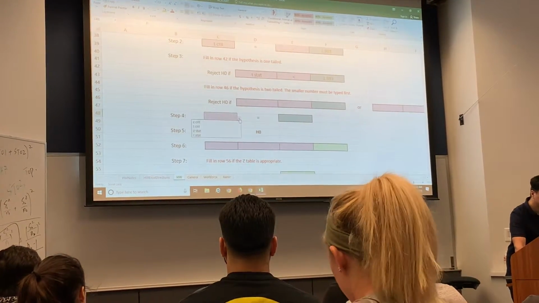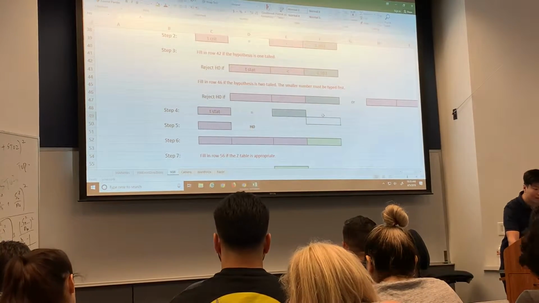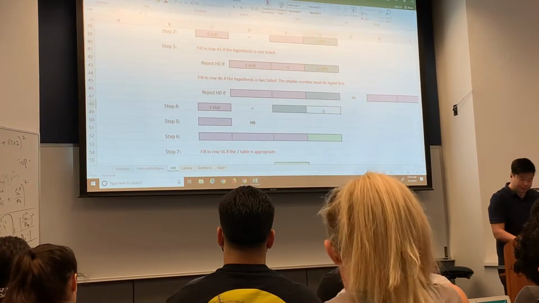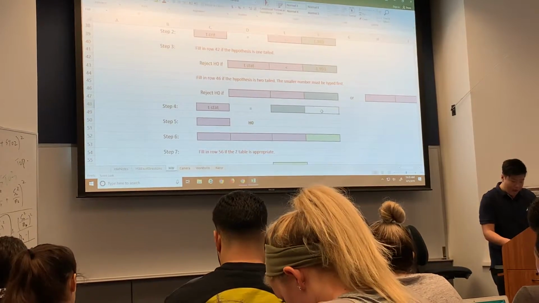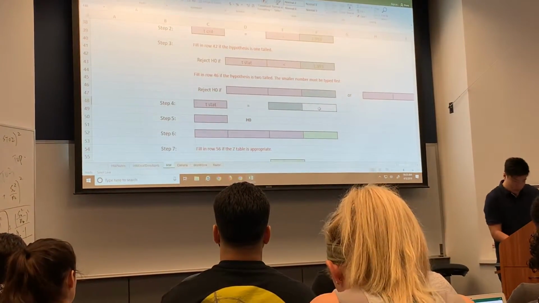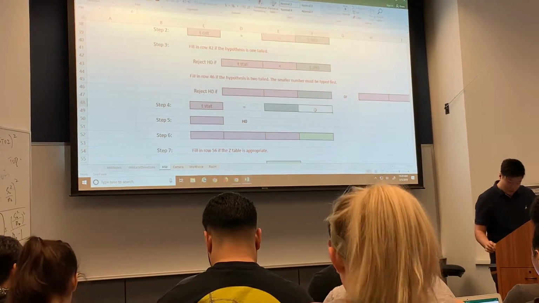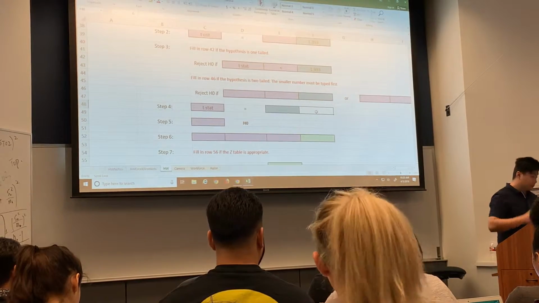Step 4, what is my test statistic? If you have the packet, let's go to page 190.